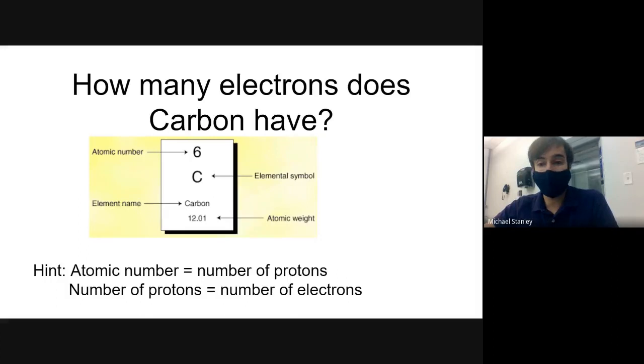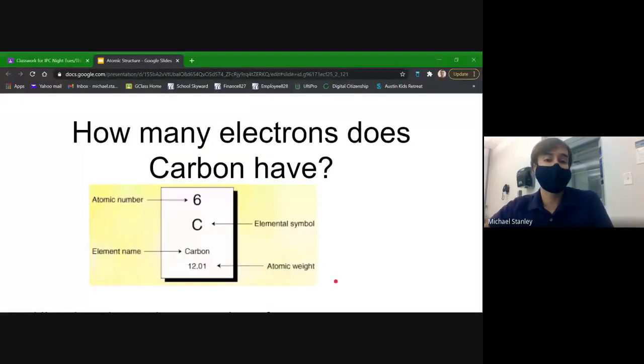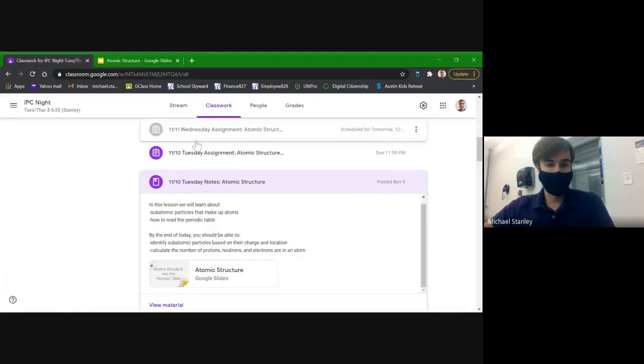As always, if you already did the homework, but you realize after this lesson that you may have done some things incorrectly, you are free to go back and resubmit a new version of it.